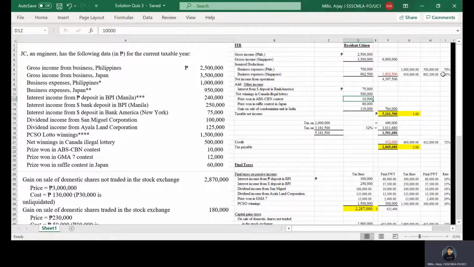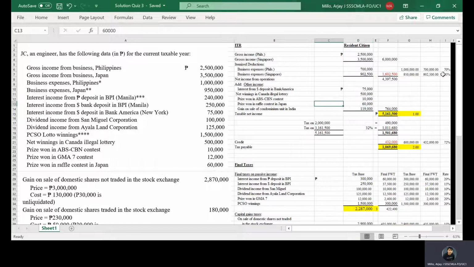Also, the prize won in the ABS-CBN contest: as stated before, if you have prizes of 10,000 and below, you need to report it in the ITR. If more than 10,000 and within the Philippines, then that is when you subject it to final withholding taxes. So for this case, since this is 10,000 and below, we need to include it in the ITR. Next one is the prize won in a raffle contest in Japan.